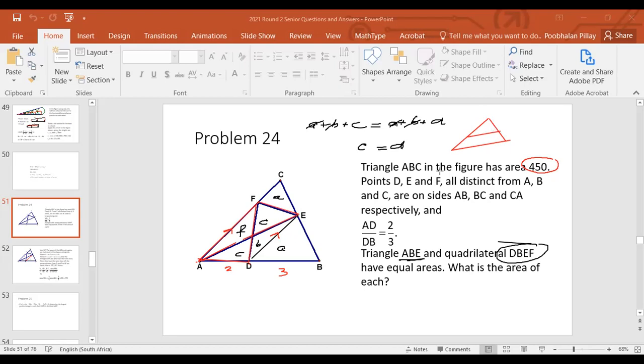All right, so knowing that, then we can say that this ratio here, this part is 3 parts and that part is 2 parts, right? But now this part here, BE, is interesting because it is a side of triangle ABE, and we need to find the area of this, right? So we need to find the area of ABE. So let's go ahead and try to put area ABE.